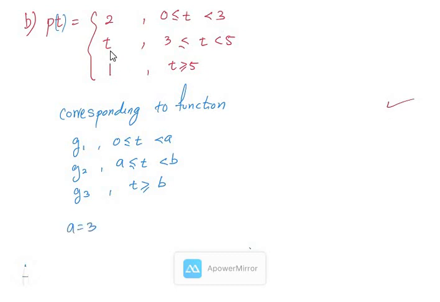Then we compare again, g2 is from 3 to 5, a to b, so this means b is 5. And then g3 is t more than b. So g1 is equal to 2, g2 equal to t, and g3 is equal to 1.